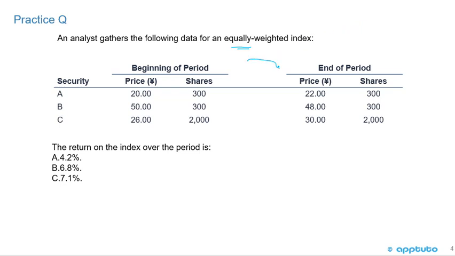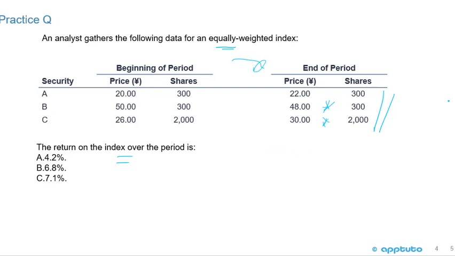Then we have the ending period price and the number of shares. For A, ending period price 22, still the same number of shares. Ending period price on B of 48, ending period price on C of 30. So calculating the return on the index over the period is A, 4.2%, B, 6.8%, or C, 7.1%.